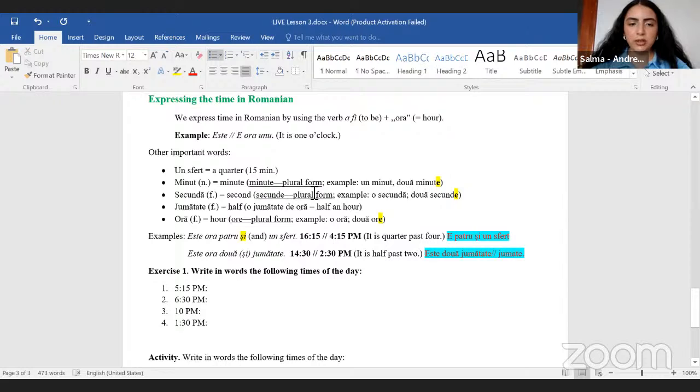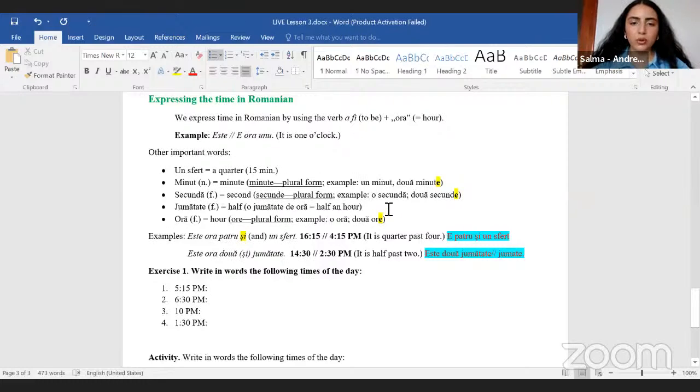So I wrote you here the plural form, minute, because it is exactly the same as minute in English. I'm talking about the way in which we write it, the written form. But how we should pronounce it is minute. For example, un minut, 2 minute. 1 minute, 2 minutes. Okay, secundă, which means second, and we have the plural form secunde.